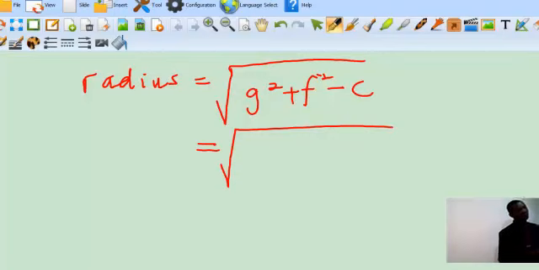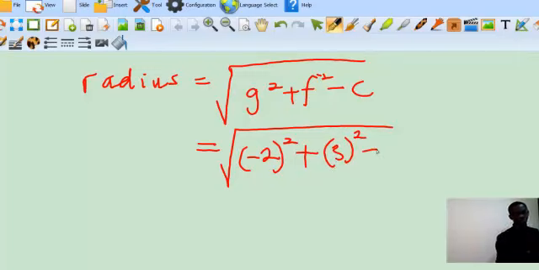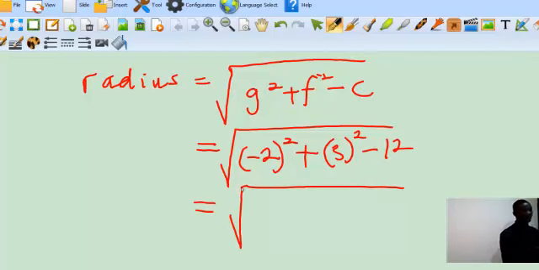So you substitute all this into the formula. Do not forget that our g is minus 2, squared, plus our f, we got 3, squared, minus c, which is 12. So what you are going to do is to expand this to find the corresponding value for all the values. This will be 4 plus 9 minus 12.